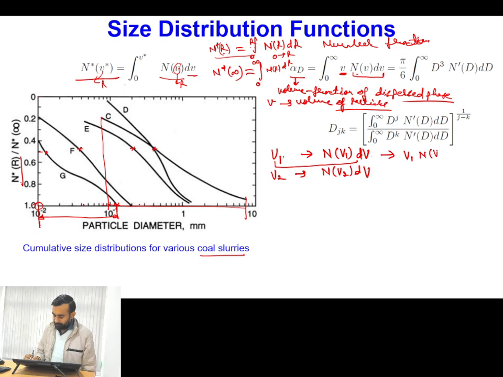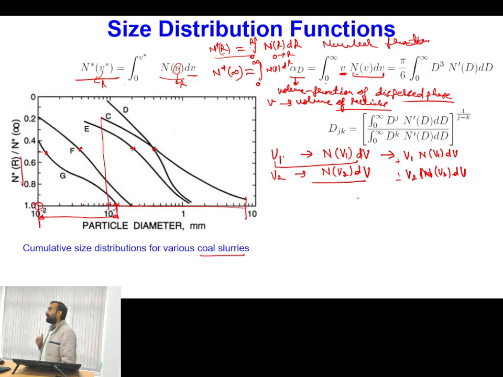V1 into N(V1) dV. What will be the volume of these particles? If I take the sum of all these and integrate from 0 to infinity, what will I get? Total volume of all the particles.